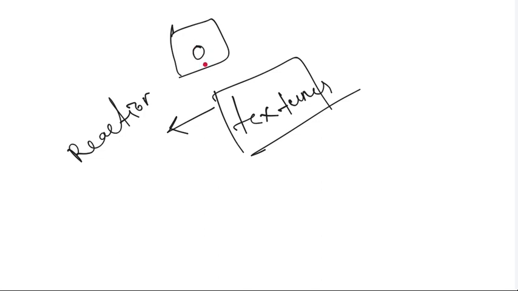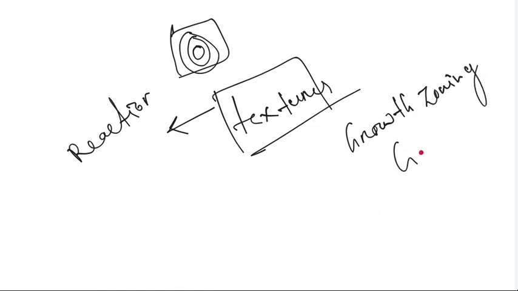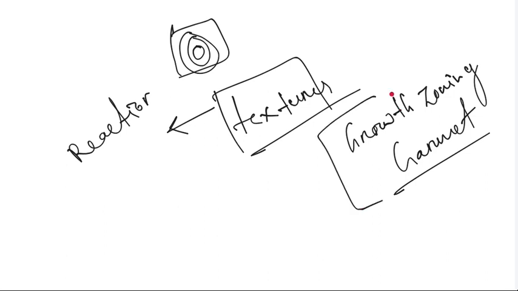Like growth zoning of garnet. Growth zoning of garnet is a world class geothermobarometer. It denotes both temperature and pressure, and precisely.